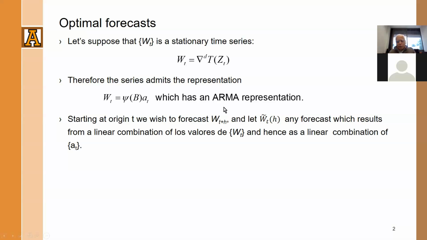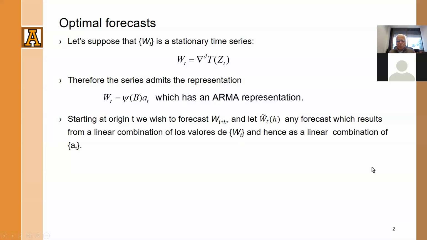So what we want to forecast is the observation W at T plus H. We will denote by W tilde at time T of H, H being the lead time, any forecast which results from a linear combination of the previous values of WT.